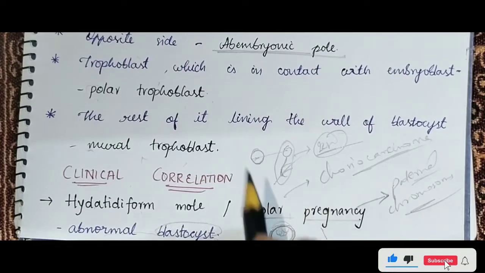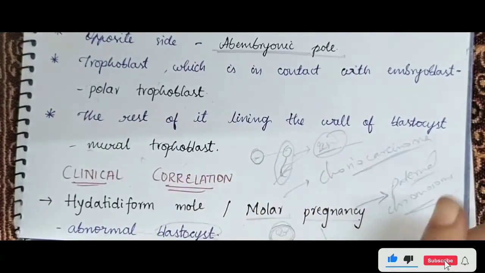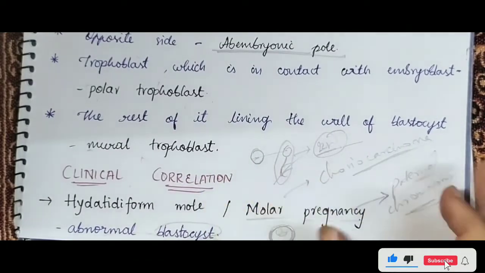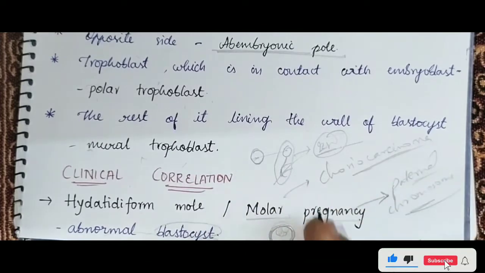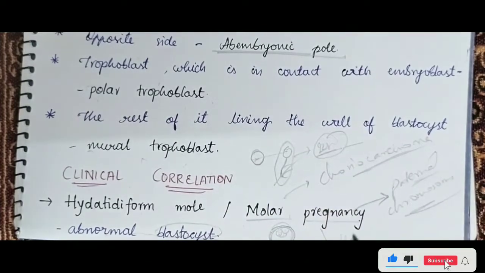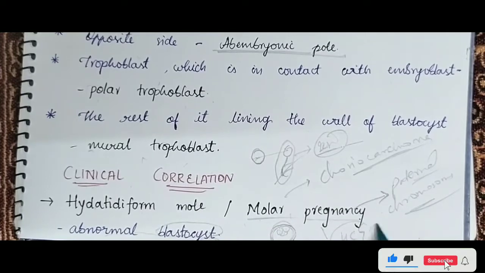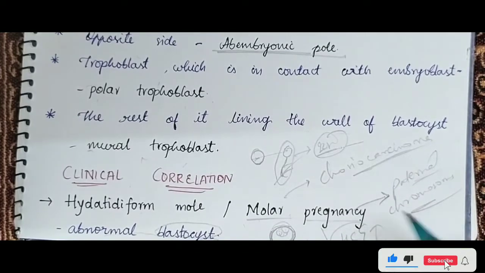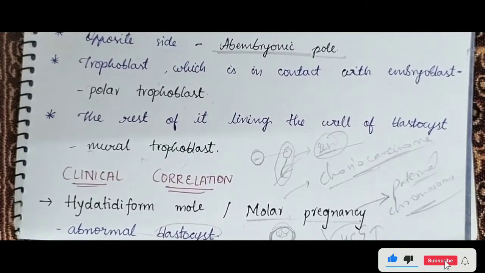Whatever the paternal genes say, the trophoblast has to obey. There is no embryonic tissue development, but still there is an increase in HCG levels. HCG levels keep increasing, so that leads to choriocarcinoma tumors, and that's the concept of blastocyst.